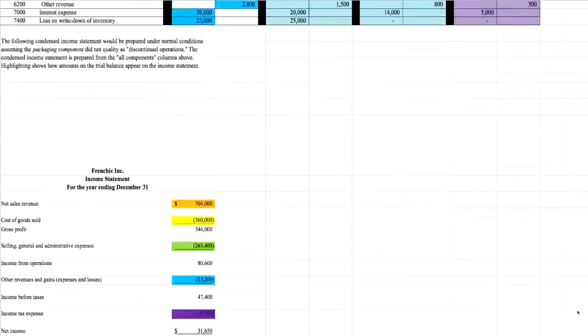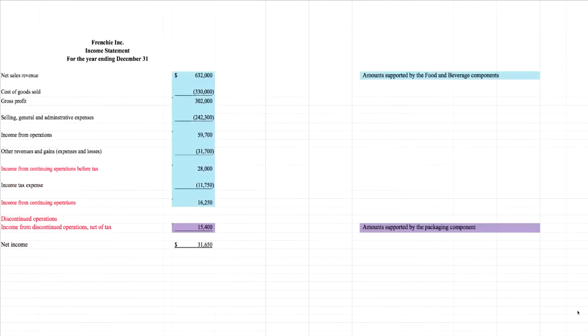But notice how the titles change, and this is really what I want to emphasize with you guys. So we still have sales revenue minus cost of goods sold, SG&A, income from now. That's going to be income from operations from your core business, category number 1. Then we have our other revenues and gains or other expenses and losses, giving us, look, it's in red now, income from continuing operations after tax.